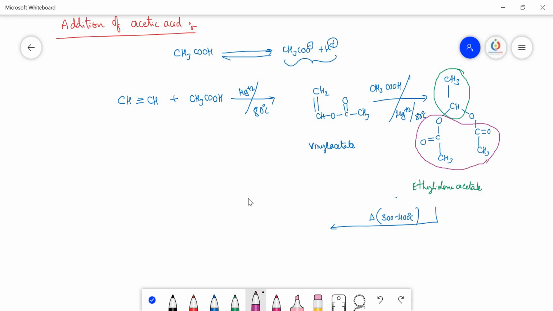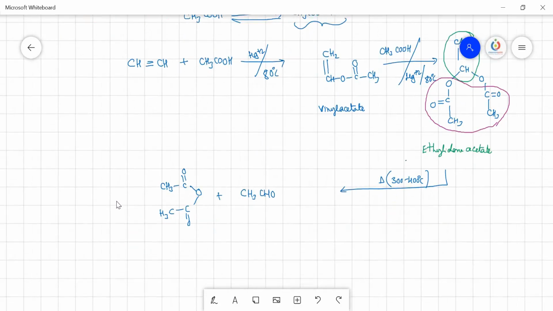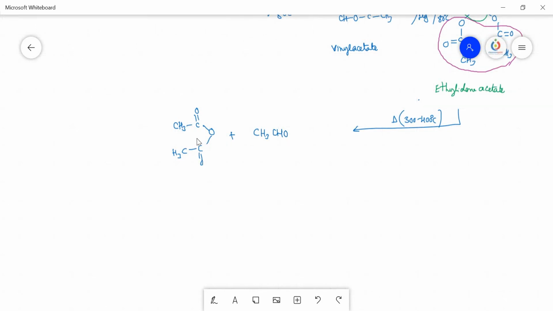What is left behind is CH3CHO, acetaldehyde. So we get the aldehyde as well as the anhydride when we use the acetylene molecule.